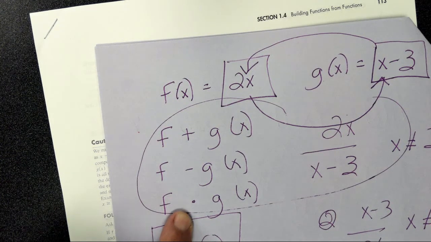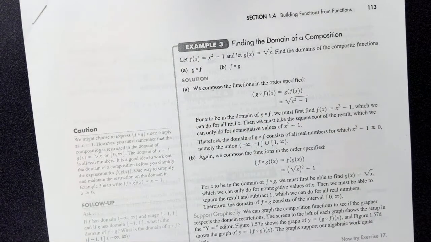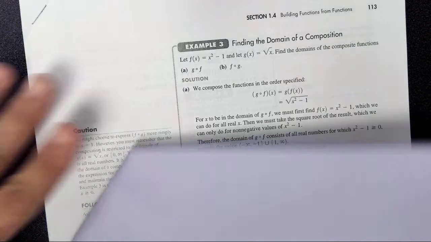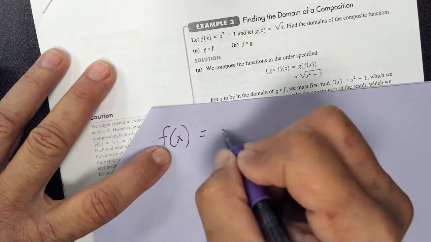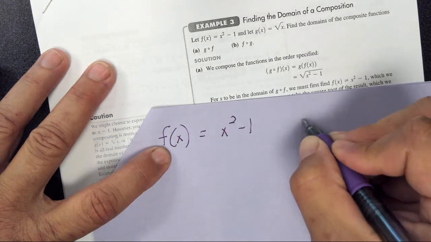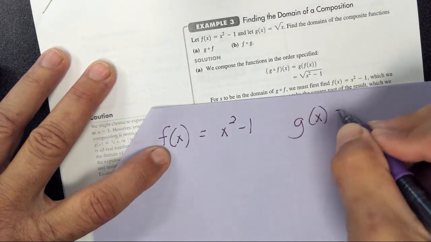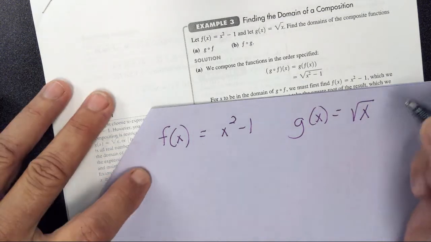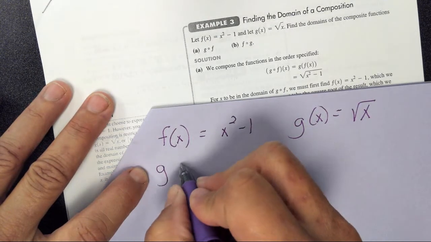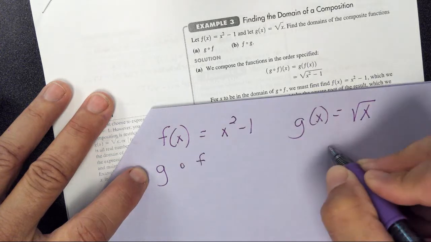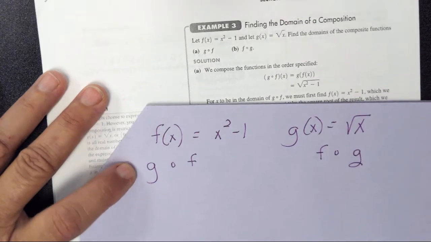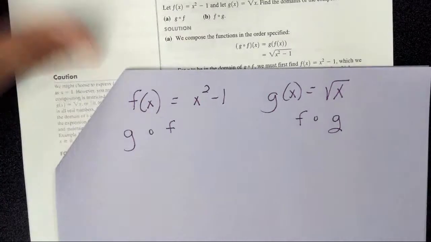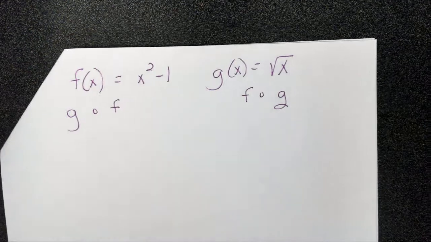All right. So now that's where I'm at, example 3. So I'm now looking at your notes, and f of x is x squared minus 1, and g of x is the square root of x. And it says to find g of f, and then it says to find f of g. Okay? Everybody with me?